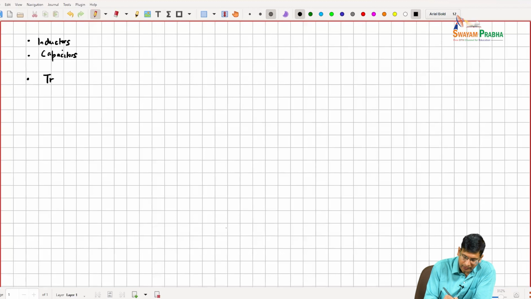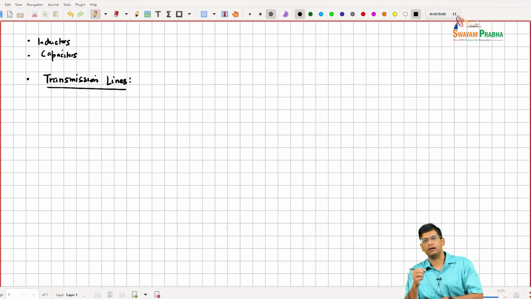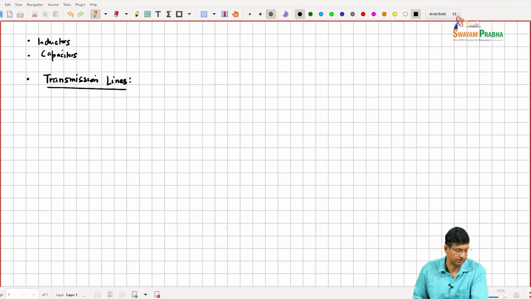So let's have a quick overview of transmission lines, and then we'll also consider integrated implementations and approximations for transmission lines using lumped circuits.